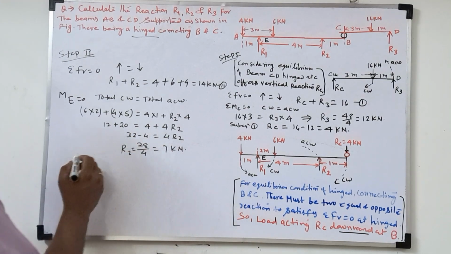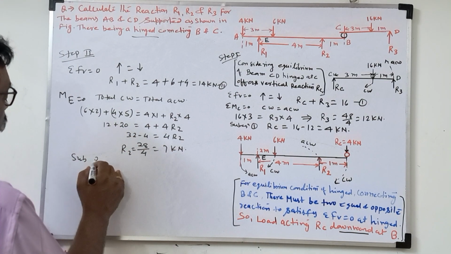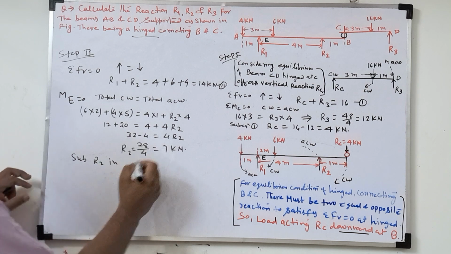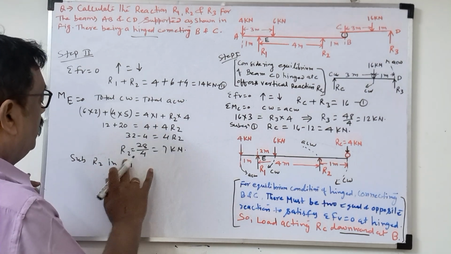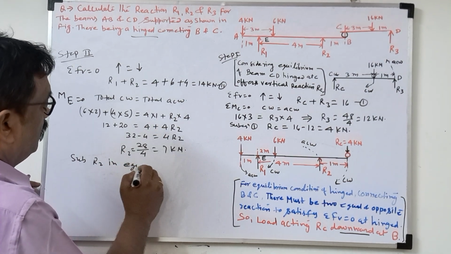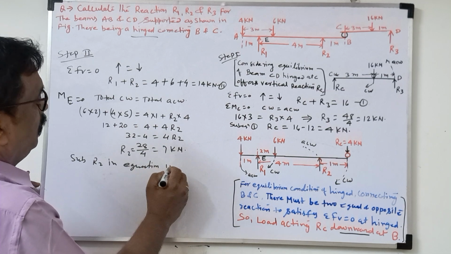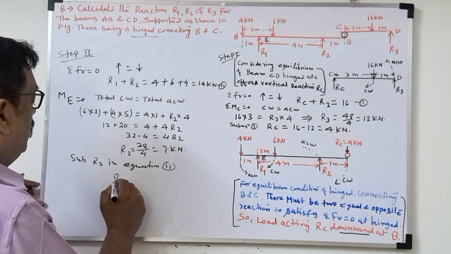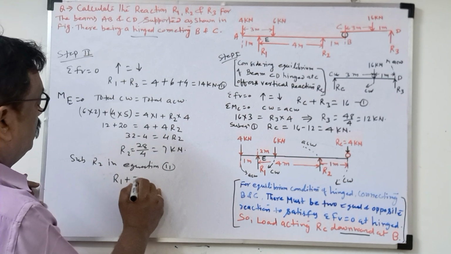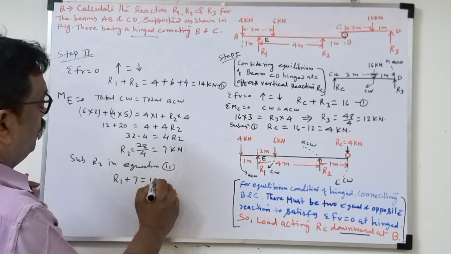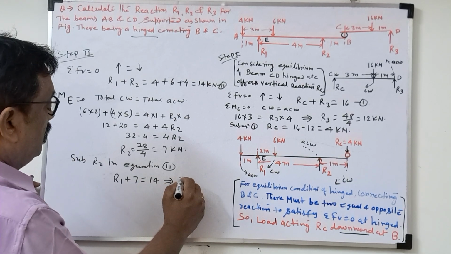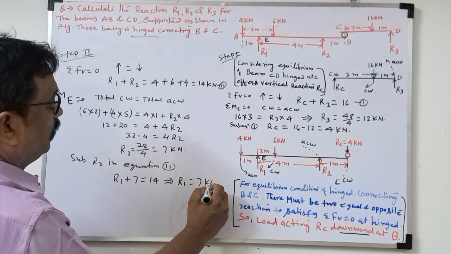Now substitute this R2 in equation 2. So what will we get here? R1 plus 7 equal to 14. That implies R1 is equal to 7 kilonewton.